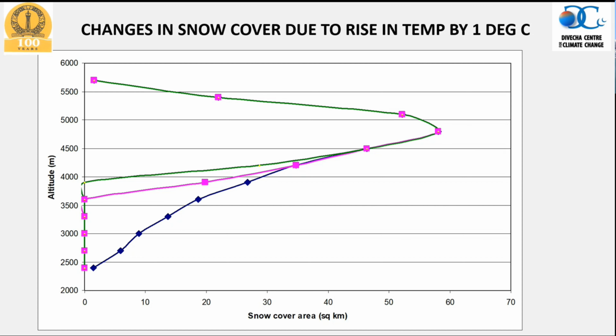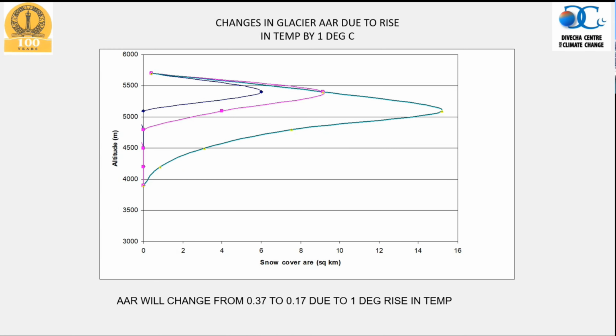So you can add the lapse rate to the snow line and estimate what the future snow line will be, and then you can draw it on the graph. So you will know what the new snow line will be due to the rise in temperature. That is just the lapse rate you have.